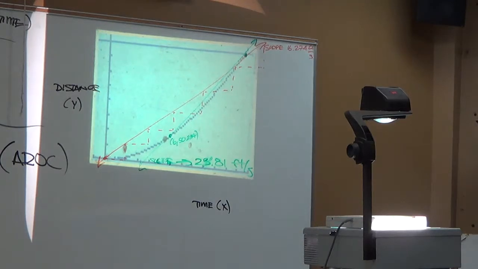Why is that more accurate? Look at how much different that line is from the parabola. It's not anywhere near as different as the previous line was from the parabola, which was a vast difference.